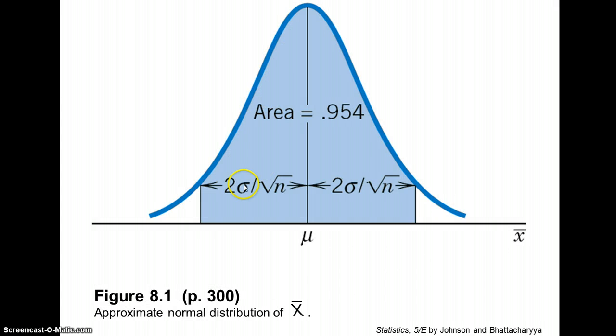So this is 2 standard deviation, so x bar is between this point and that point. If you add 2 standard deviation to mu, you get the upper point. If you subtract 2 standard deviation from mu, you get the lower point. That's the range for x bar.